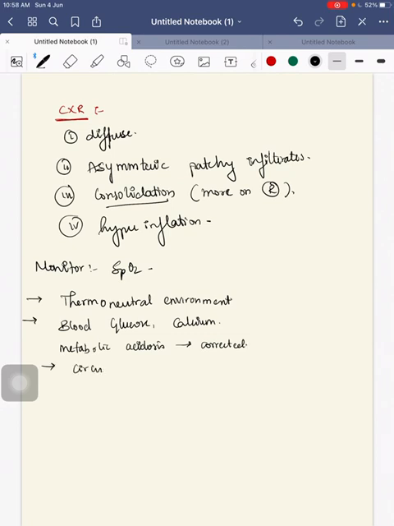You should give circulatory support. You should maintain Hb at 15 gram per deciliter, that is, PCV should be maintained between 45 to 55%. Renal function test should be monitored.